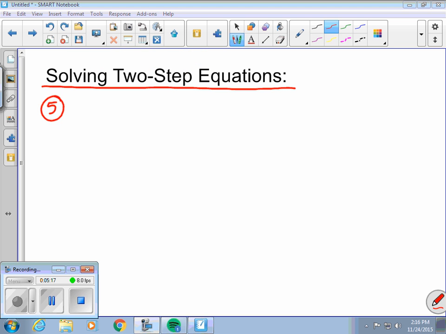Give yourself a subtitle in your notes, Solving Two-Step Equations. So now what we're going to look at is a handful of two-step equations. These problems have not just one step, but two steps. Who knew? As you look at this, again, you want to think, what would I do if I had a value for x?